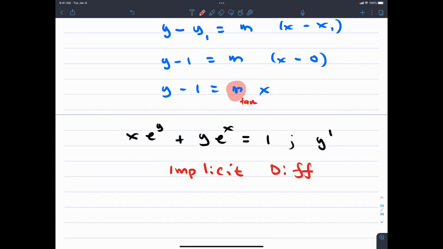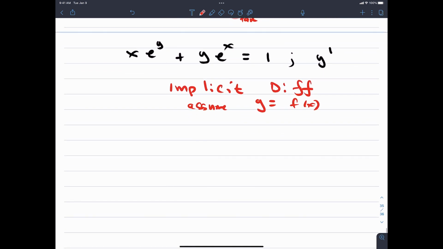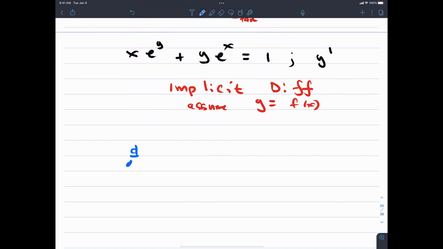Differentiation. Yes. And what do you always assume? y has to be a function of x. y is not a constant. So when you do implicit differentiation, you differentiate the left side and the right side.